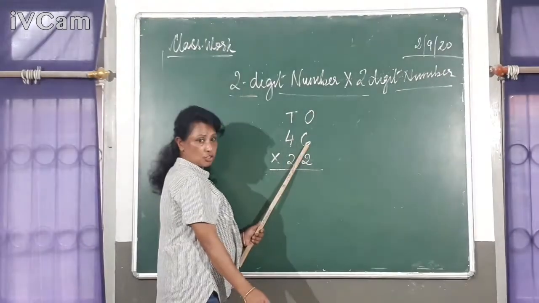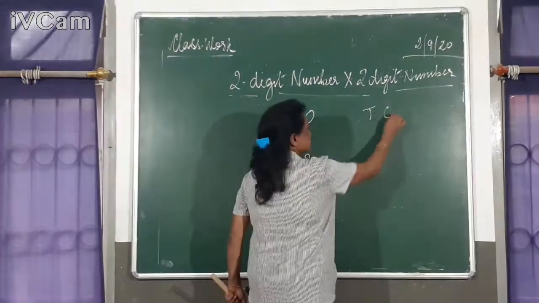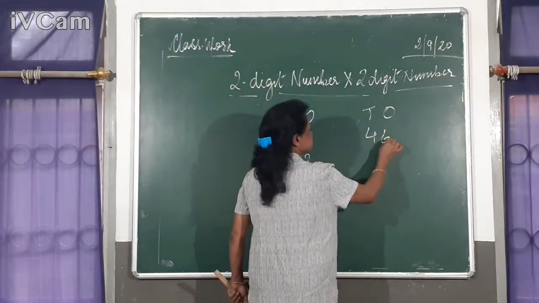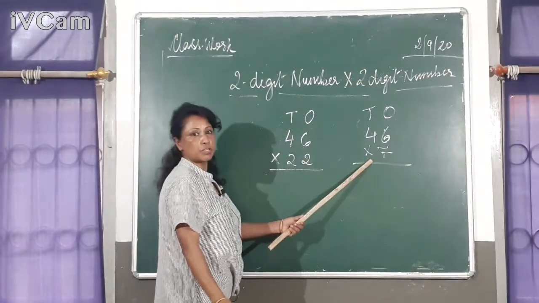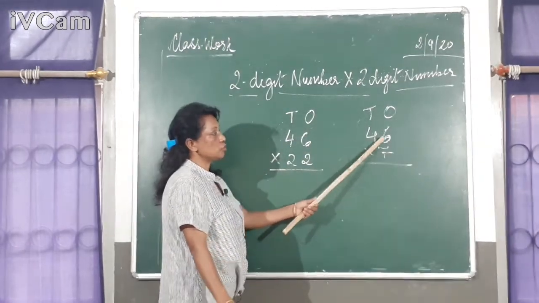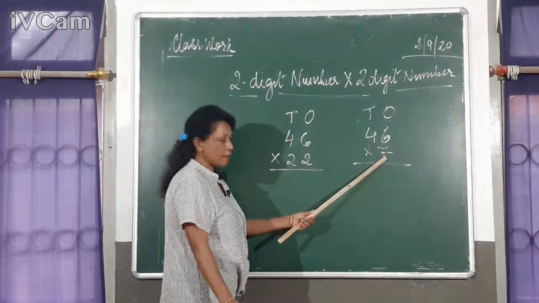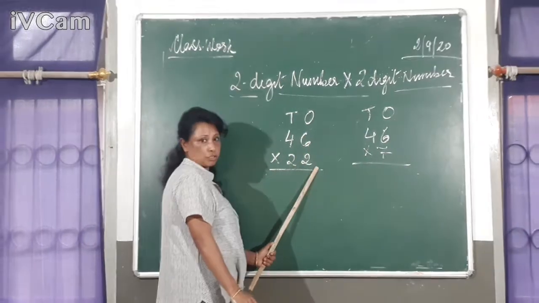Now you have two digit numbers on top and two digit numbers below. Before what we did was 46 multiplied by 7. This is the sum which we used to do before. Isn't it? The previous exercise was 2 digits multiplied by 1 digit. Isn't it? Now we are going to do 2 digits by 2 digits.